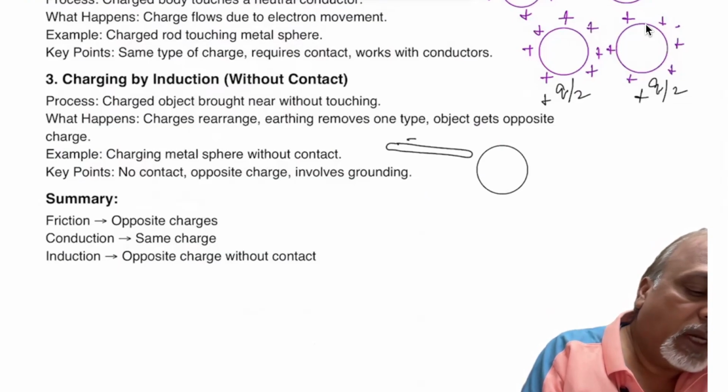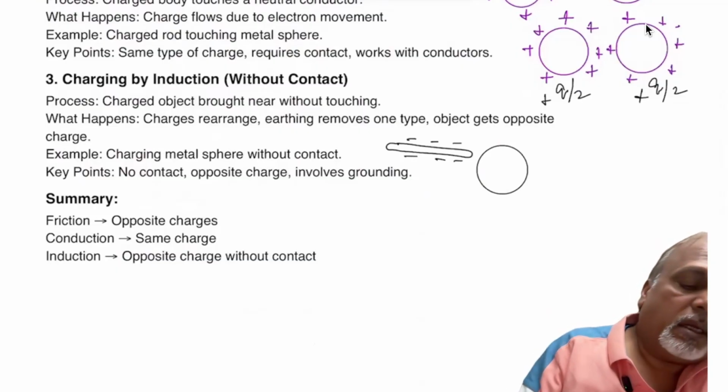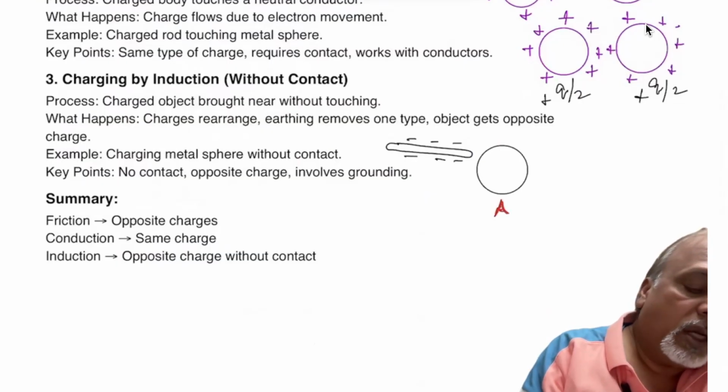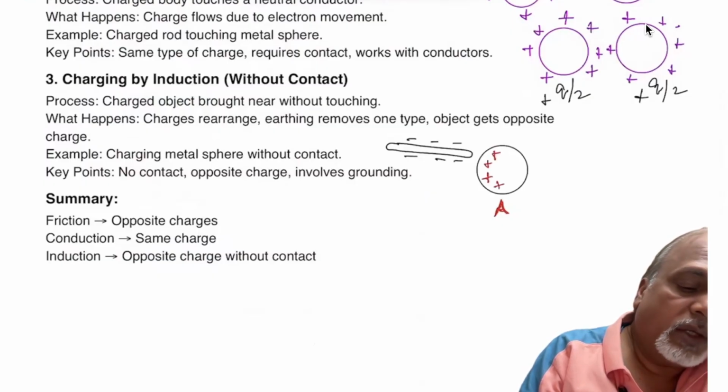The rod is having, suppose, negative charge, say a rod with negative charge. What will happen in this sphere, body A? There will be redistribution of charges. Due to the negative charge, positive charge will be polarized here and negative charge will be polarized here.